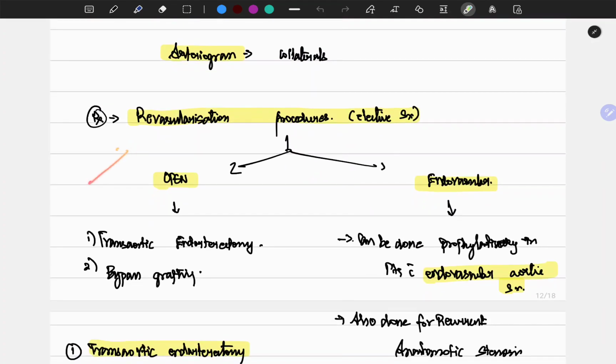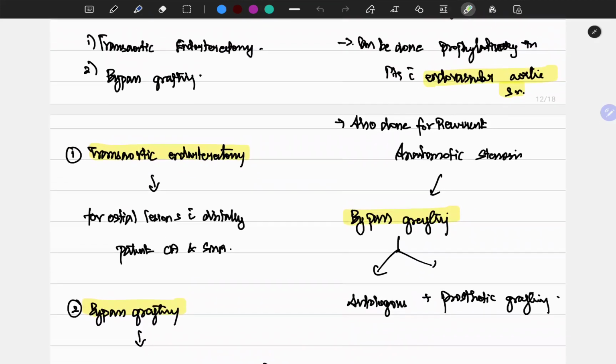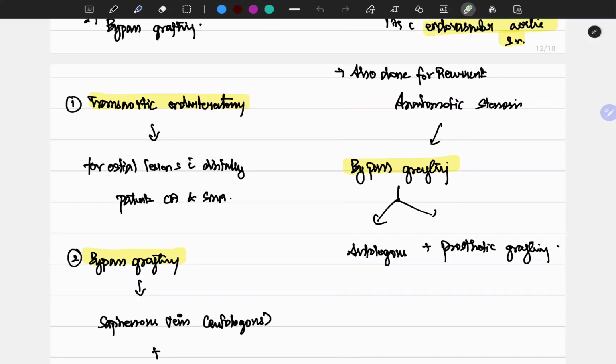Treatment: revascularization procedure, elective surgery. We need to perform open procedures, transaortic endarterectomy and bypass grafting. Endovascular procedures can be done prophylactically in patients with endovascular aortic surgeries. So, what is transaortic endarterectomy?